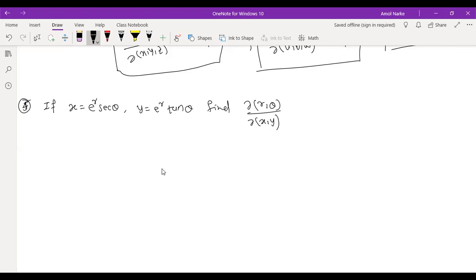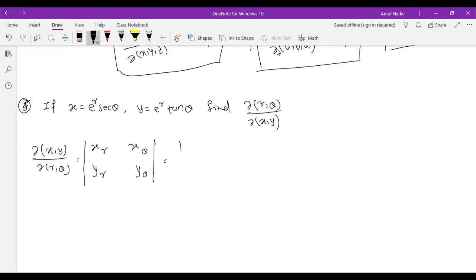J dash, because directly they have given x as a function of r and theta and y as a function of r and theta. So first we are going to find the Jacobian of x and y with respect to r and theta. We write down the first formula: x with respect to r, x with respect to theta, y with respect to r, y with respect to theta.